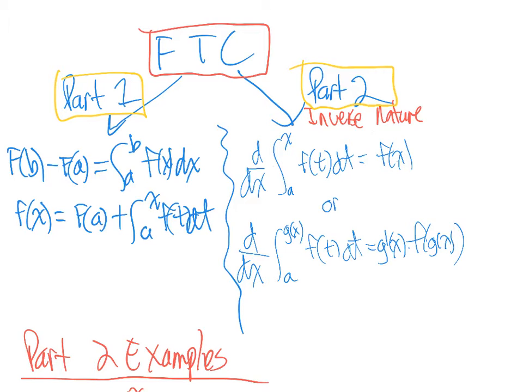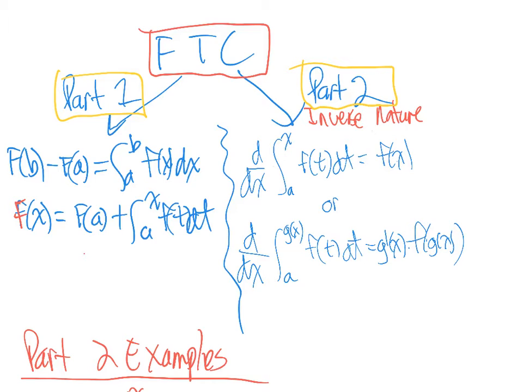We can rewrite it another way where we add f at a to both sides and we replace b with x. And this is where we generate a brand new function. Whoops, that should be a capital there. Capital F at x is f at a plus the integral from a to x of f at t dt.